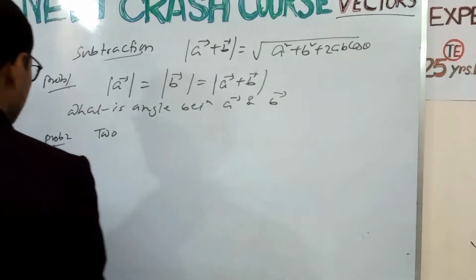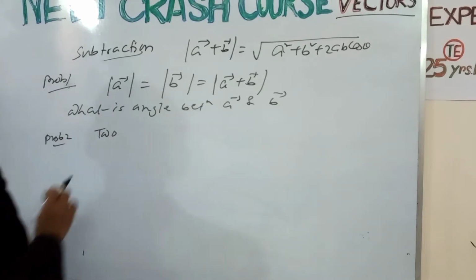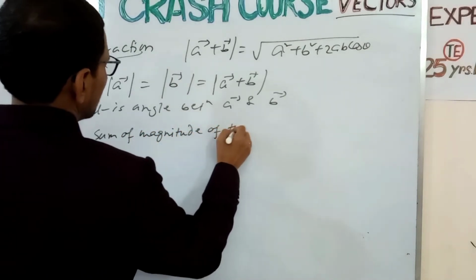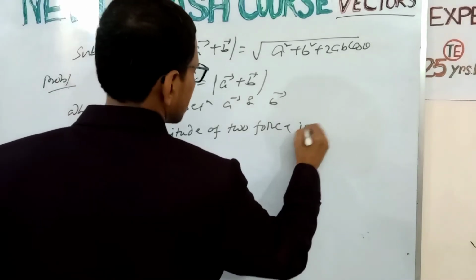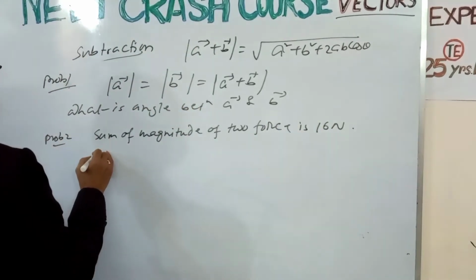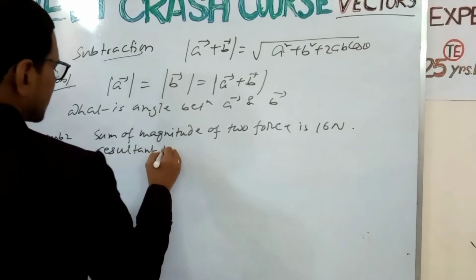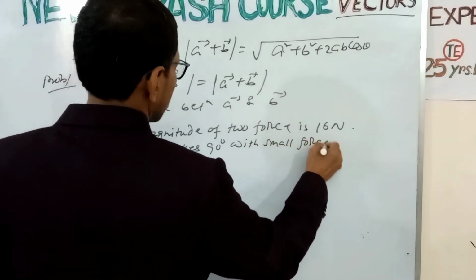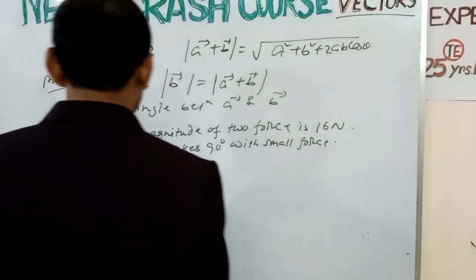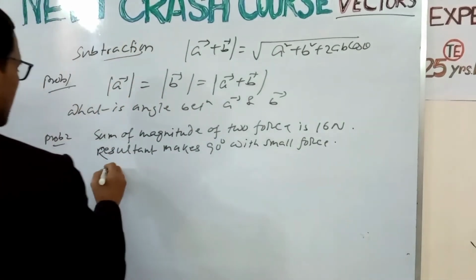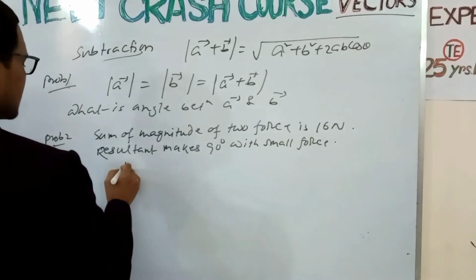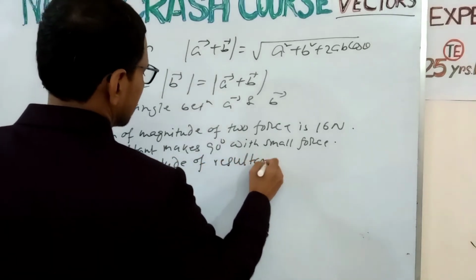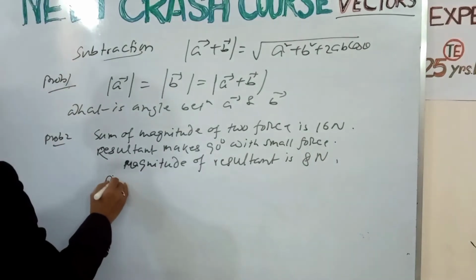The sum of the magnitudes of two forces is 16 Newton, and the resultant makes 90 degrees with the small force, and the magnitude of the resultant is 8 Newton. Find the two forces.